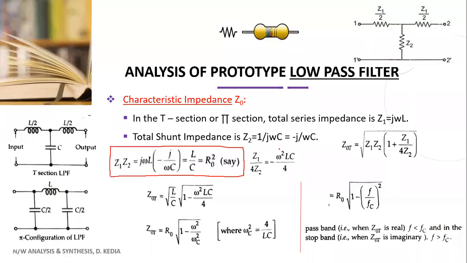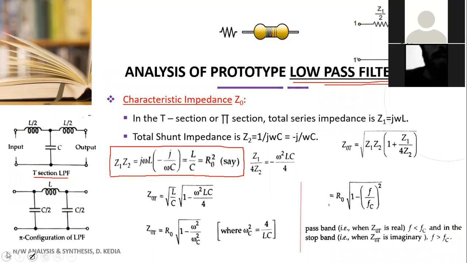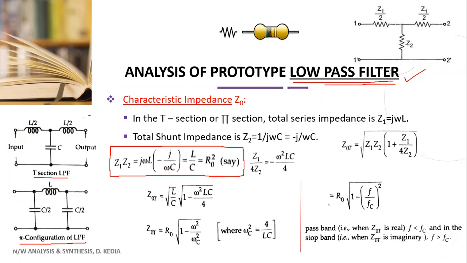Now, in the previous slide, we generalized the expression of your z naught and cos hyperbolic gamma. Now we specifically come to analysis of the prototype low pass filter. We take specifically the low pass filter. As we had seen, this is your T section of the low pass filter, and this is our pi section. Here you see, in case of T section and pi section, how much is the total series impedance?